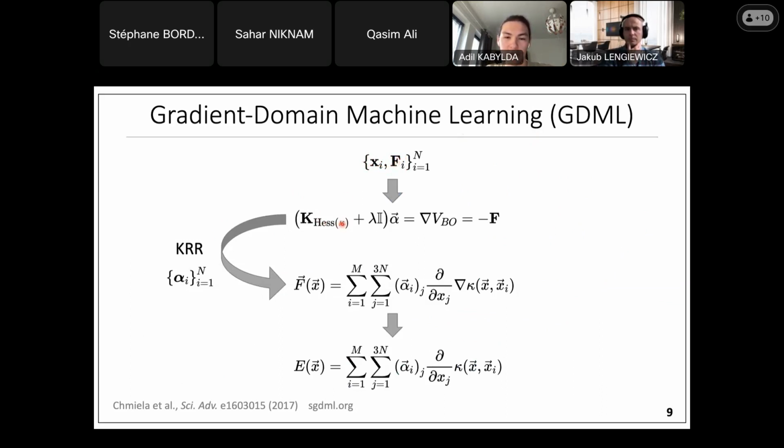We take the Hessian of it, and this is our kernel. Then we use kernel ridge regression to learn these weights, alphas. In the end, we have a force predictor, which can give us forces for some new arbitrary structures. And if we want to get energies, we also integrate this and then get the energies.